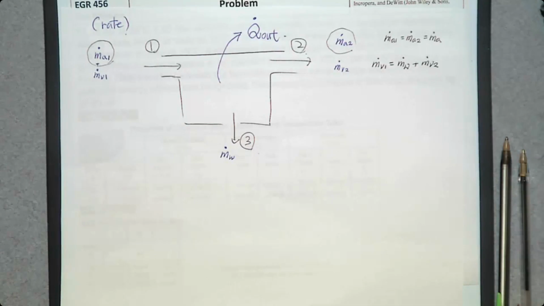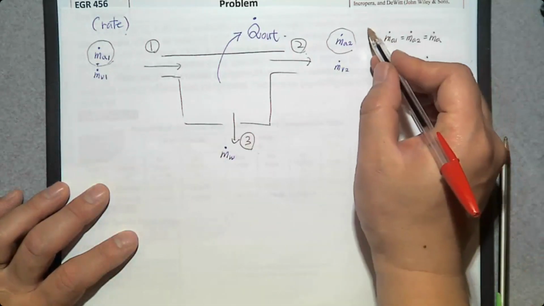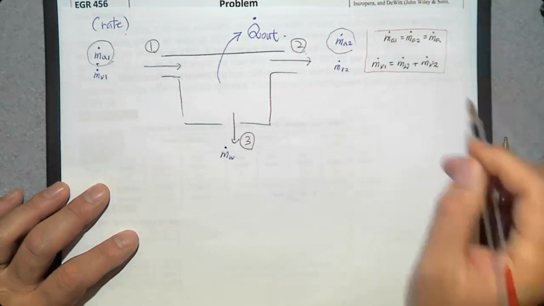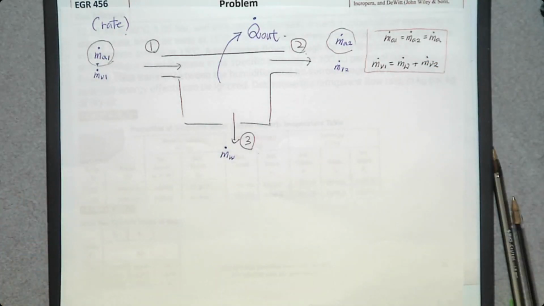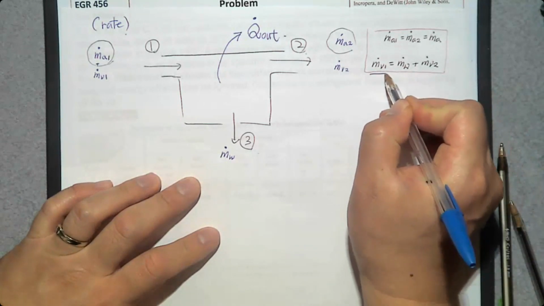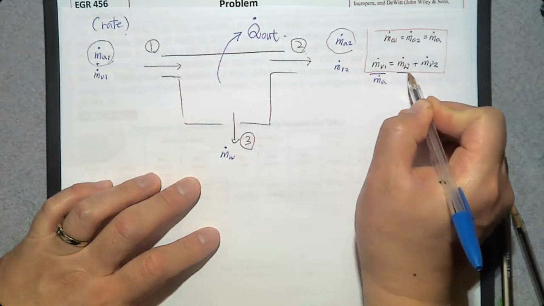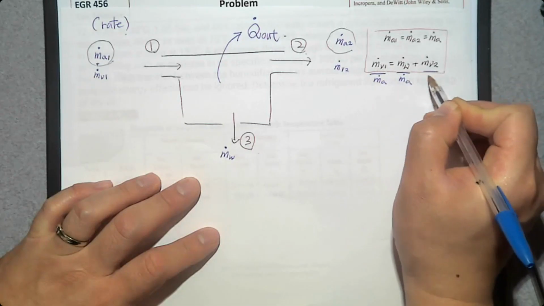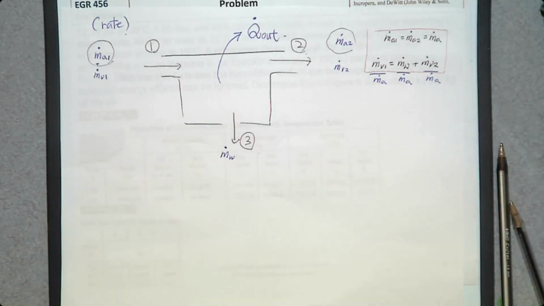What about the energy balance equation? The energy balance equation, by the way, from this, since the amount of dry air is constant between number 1 and number 2, we can divide this equation by m dot of A, m dot of A, m dot of A. And since m dot is constant, we can say it is m dot of A number 1 or m dot of A number 2.